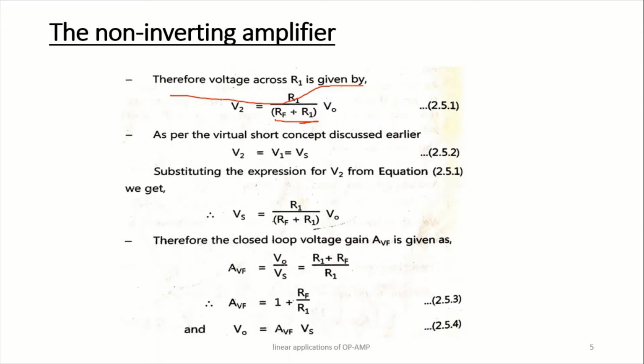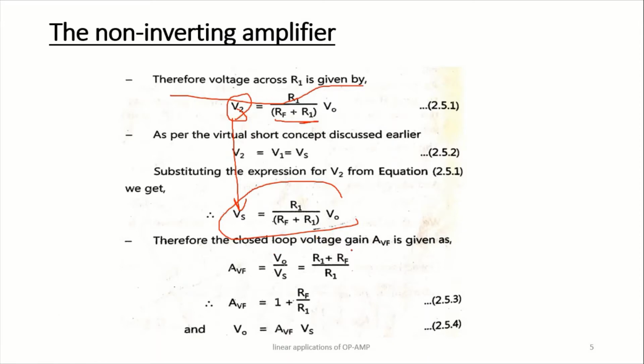So this equation can be written for Vs: Vs is equal to R1 upon RF plus R1 into V0. Since V2 is equal to V1 is equal to Vs, V2 is replaced by this Vs, and both equations are the same.